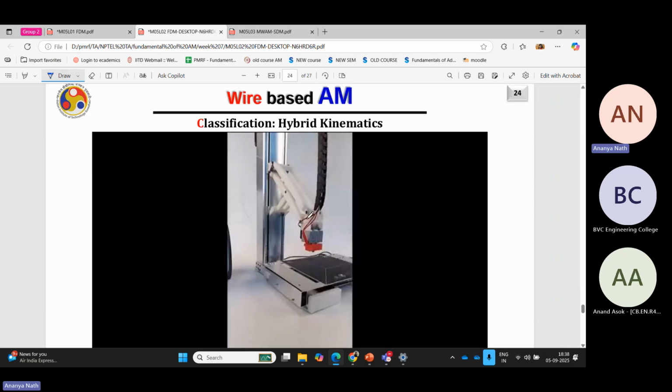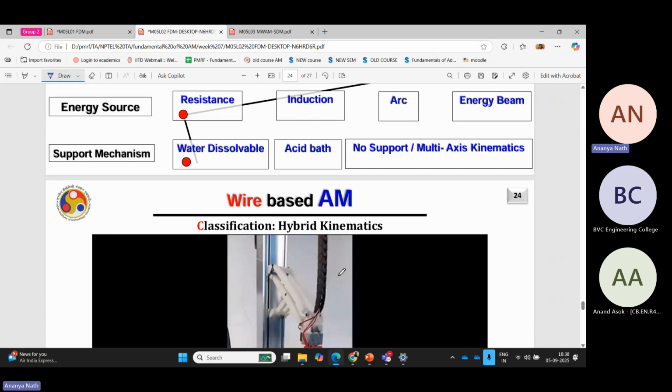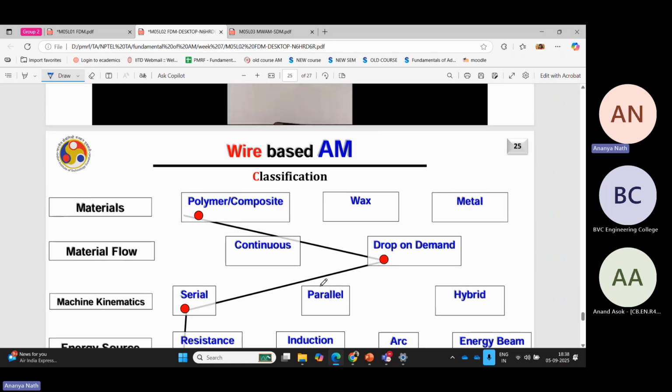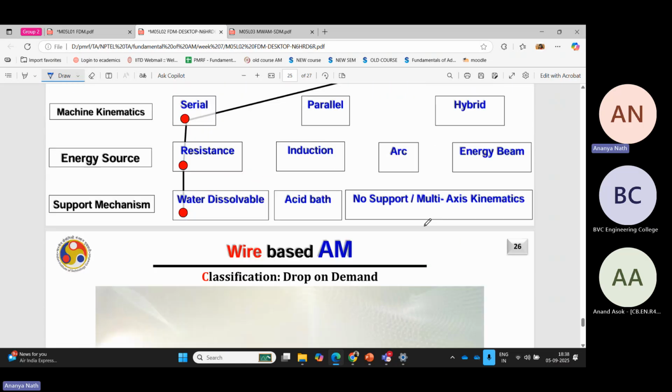Then comes the hybrid. In case of hybrid, it's the parallel kinematics and it's also mounted on the CNC, which is the serial kinematics. This is the serial one, this is the parallel one. So parallelly also it can move up and down, and because of this, it can go XYZ as well. So this is obviously the better configuration. Now comes the drop on demand part.